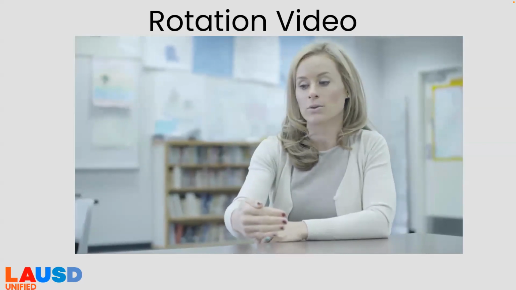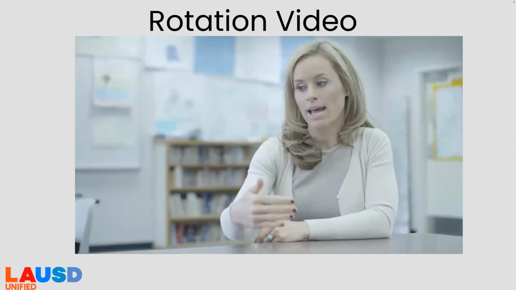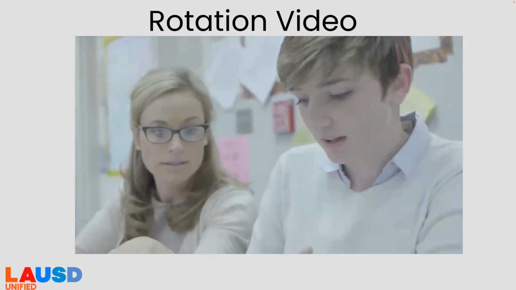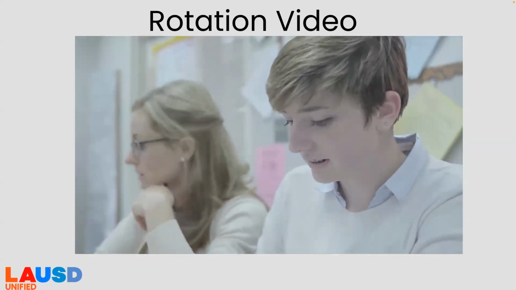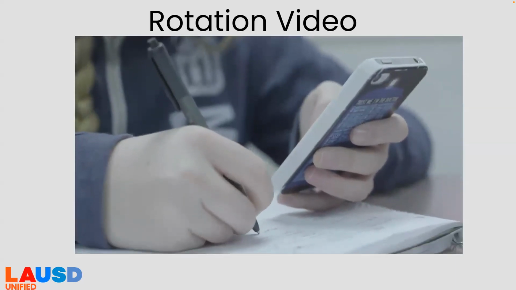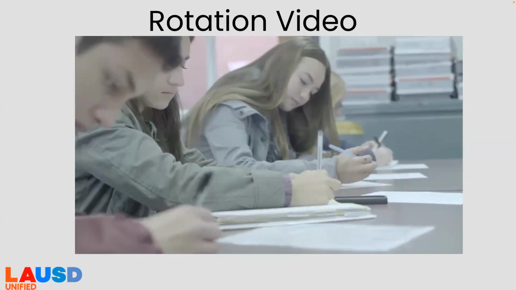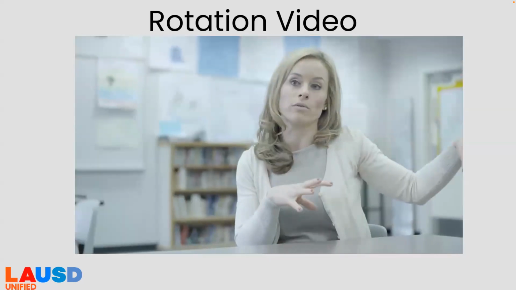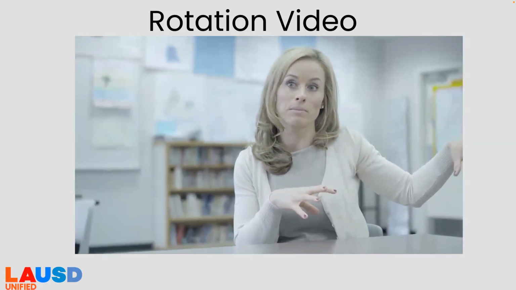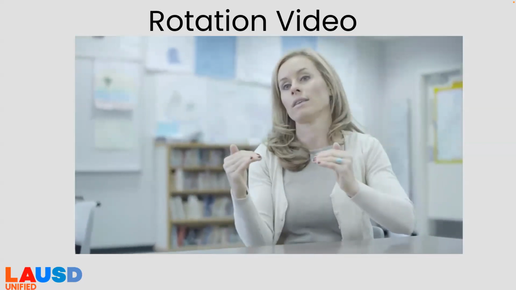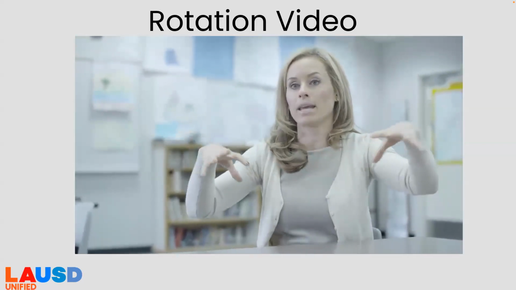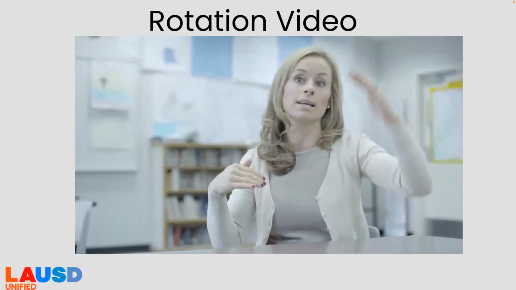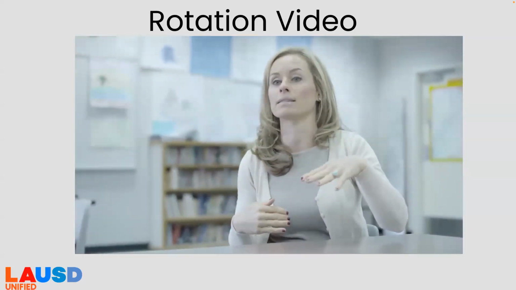So if we're going to read an article, if we're going to have a discussion, if we're going to go over grammar, why not have a small student-led discussion group, a small group reading and doing annotating, and then one group over here doing the online grammar piece. So we're still getting through everything that would be in a traditional agenda, but it's happening in stations as opposed to us walking through it kind of lockstep as a class.